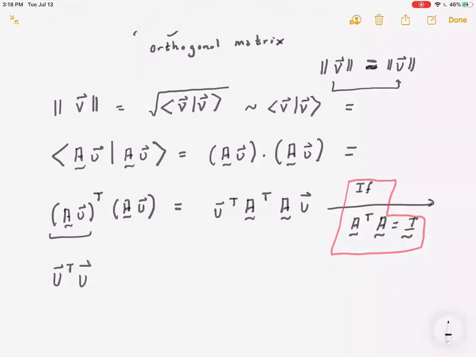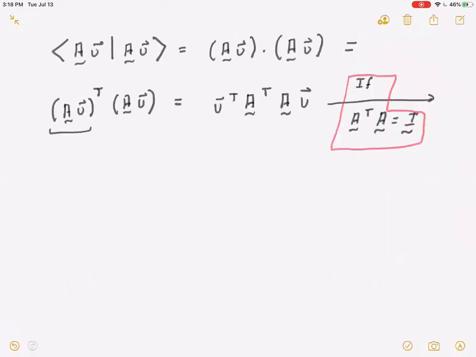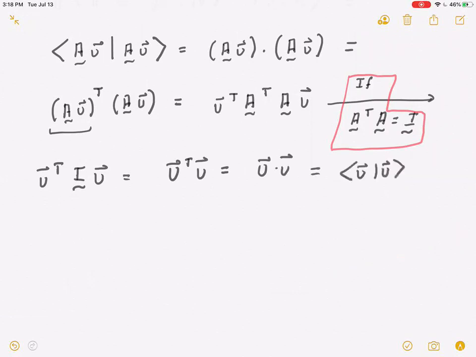You get something interesting out of this. There's a subtle step that I've skipped, so I'll put it back in. I'll get that the transpose of u times the identity matrix times u equals the transpose of u times u, and that's simply the dot product of u with itself, which is proportional to the length of u.